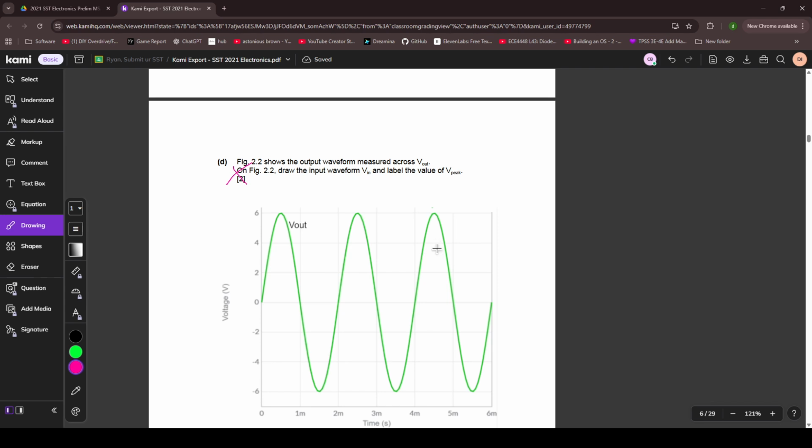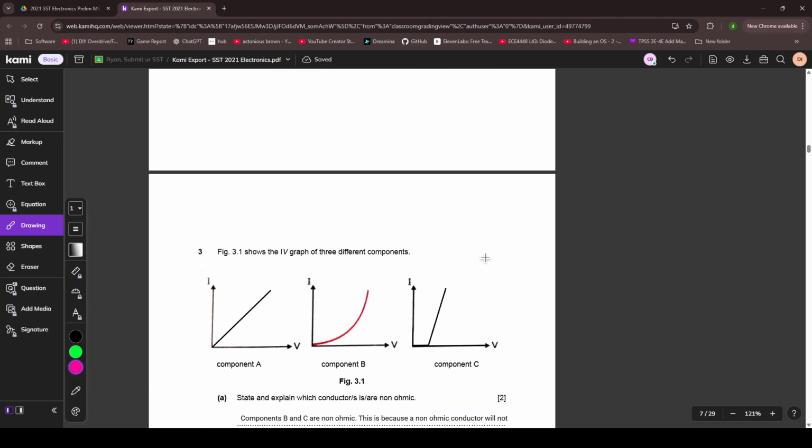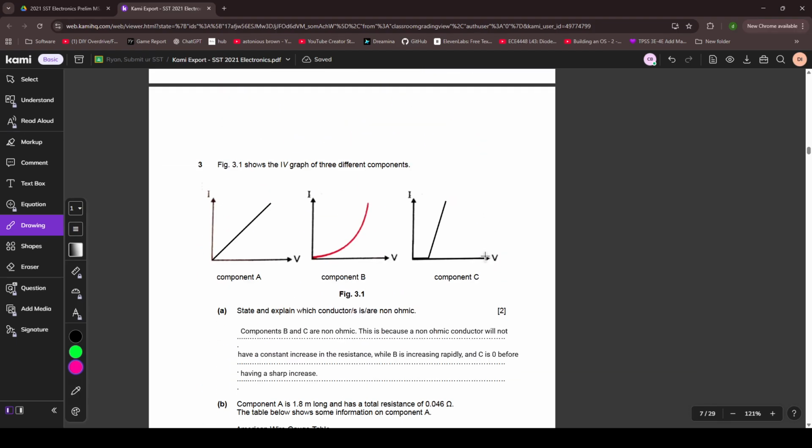For these kinds of amplifiers, the output will remain in phase with the input. So, I'm not going to explain this. It's not worth it. Let's just move on.